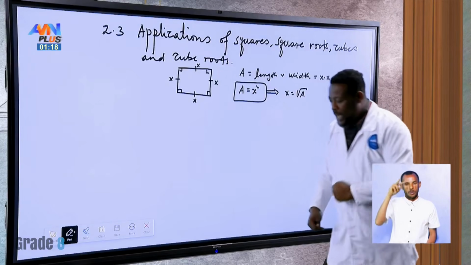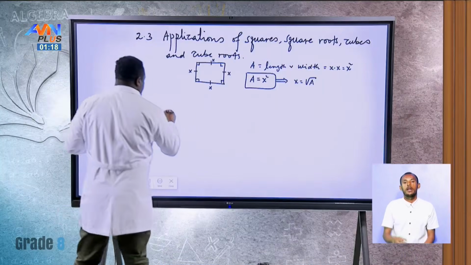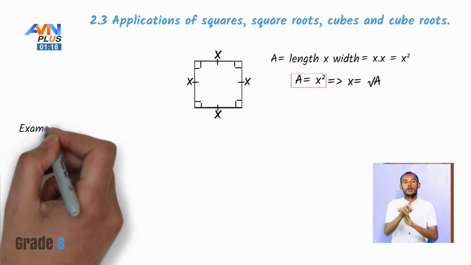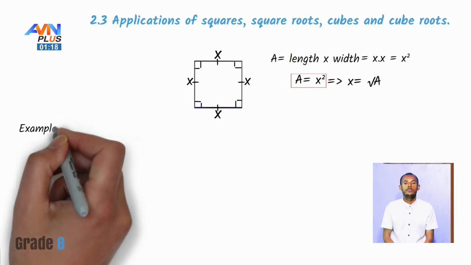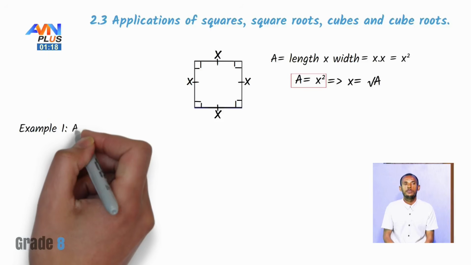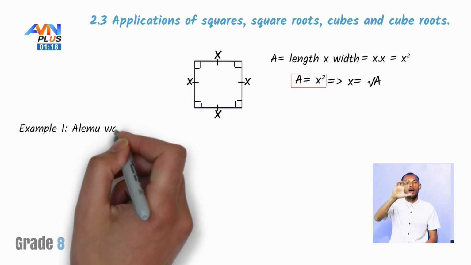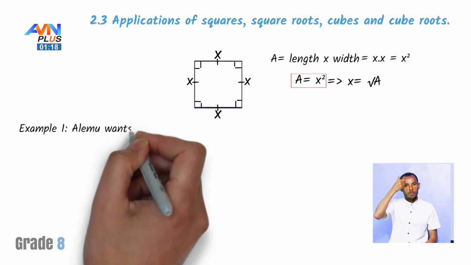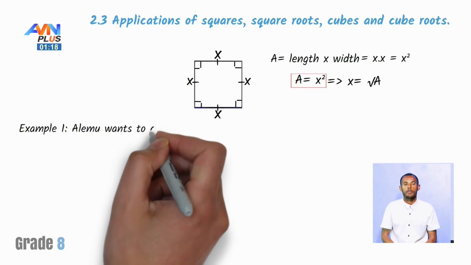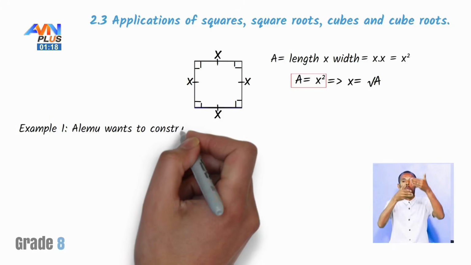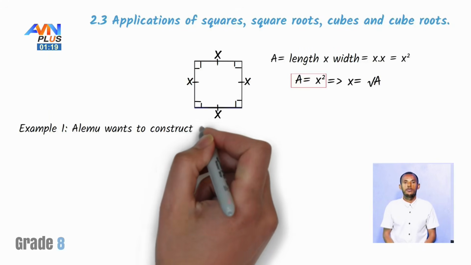So let's see a certain example. Example 1. Alamu wants to construct a square patio.